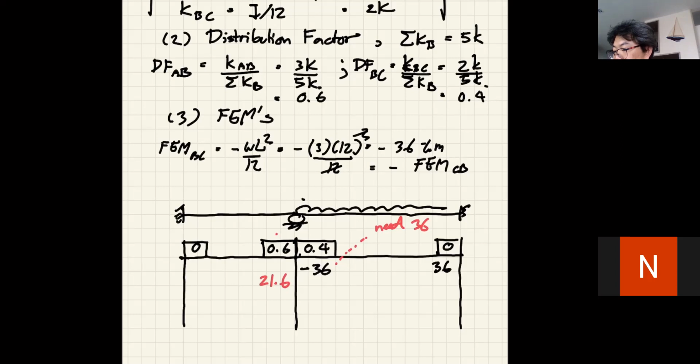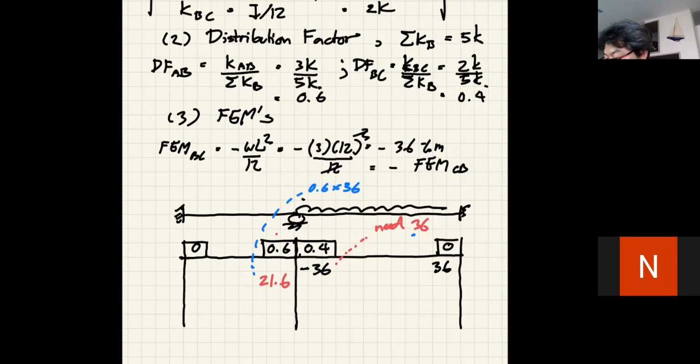You may take note that this comes from 60% of 36. Okay, member AB helps 60%. That is why this is equal to 0.6 multiplied by 36. Be careful of the sign. Your unbalanced moment is minus 36, so you need 36, and 60% comes from member AB. And 40% comes from member BC.